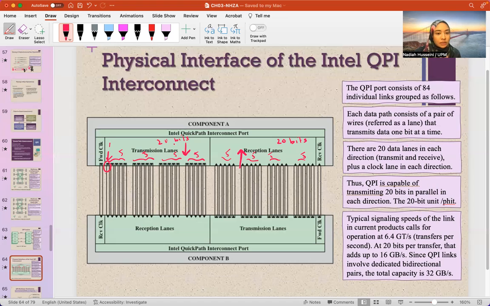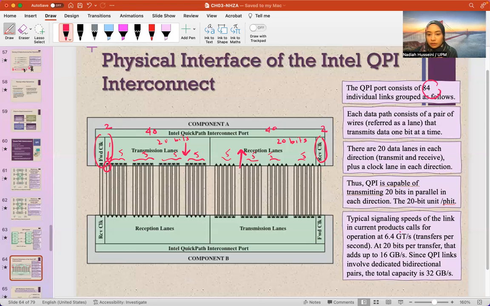So if we have 20 bits or 20 lanes times 2, you only have 40 wires per direction, and 80 in total. So the other 4 belong to the clock. So you have 2 over here and 2 over here. So you have 40 and 40, so you have 84 in total individual links.